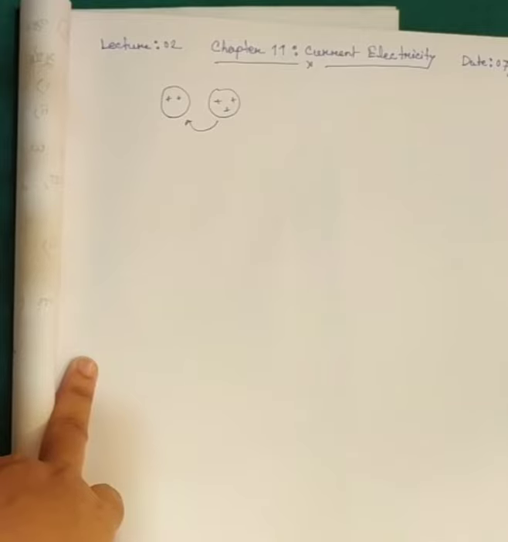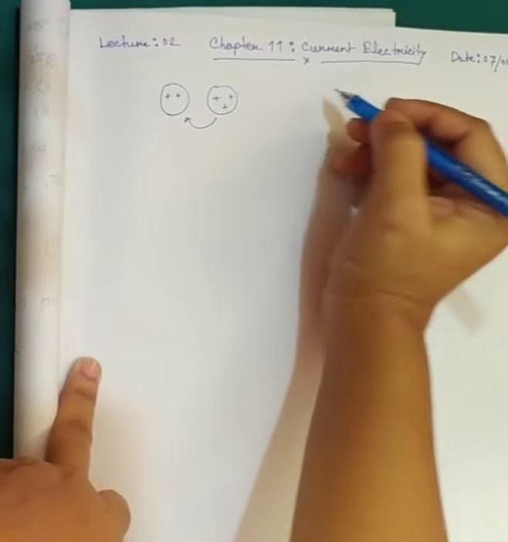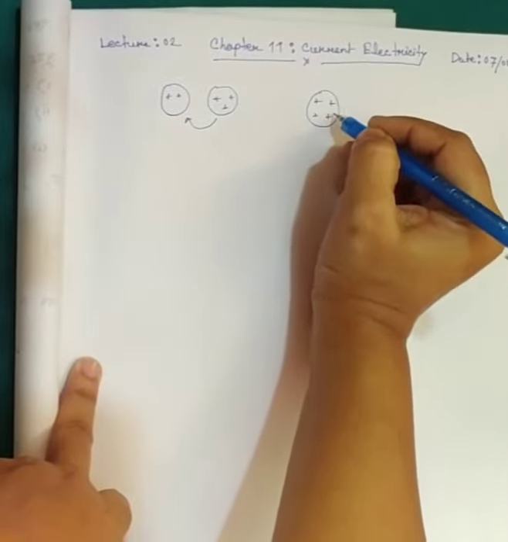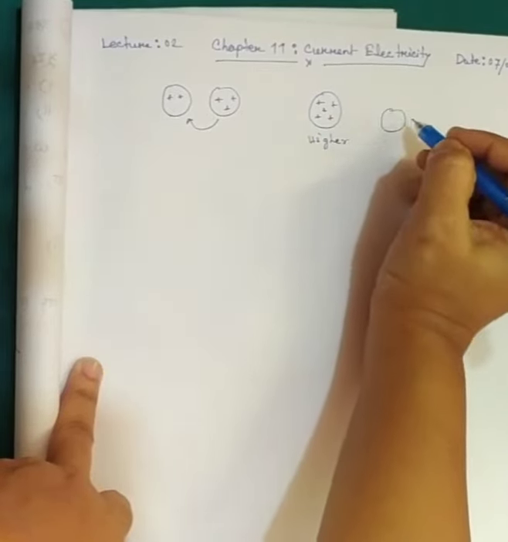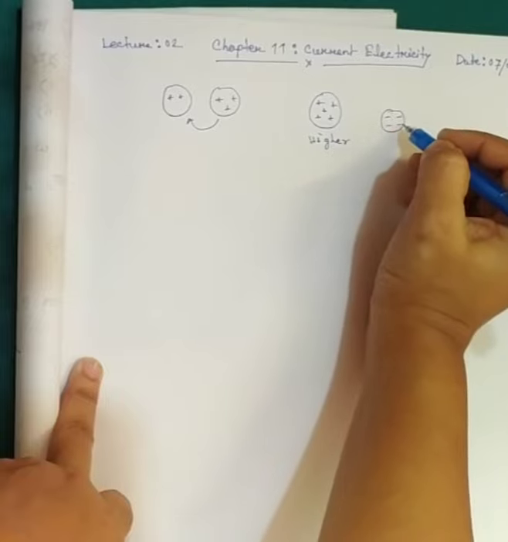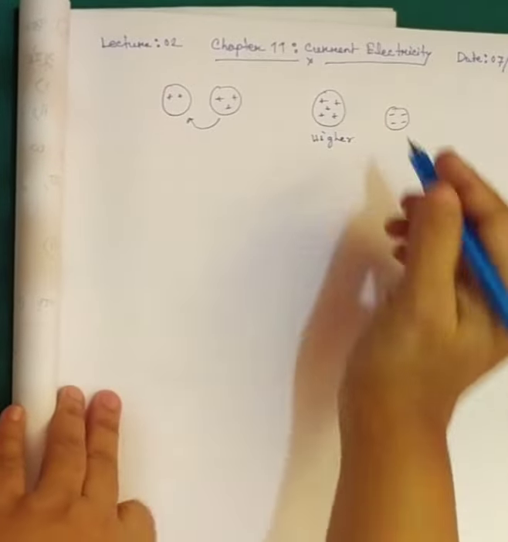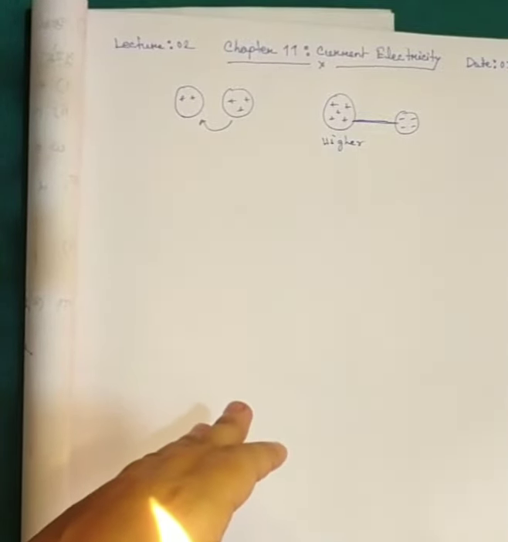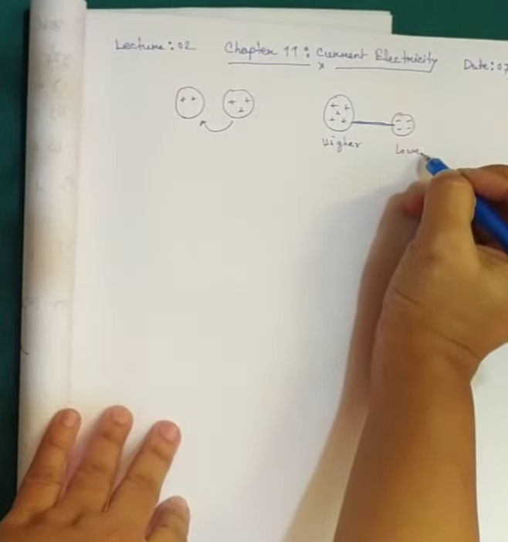But if 2 charged particles are brought together with different potential, for example, one with higher potential and another with lower potential, and we connect both of them with a wire, then some charges will move from the higher potential to the lower potential.